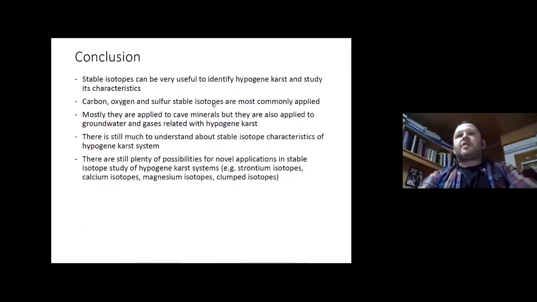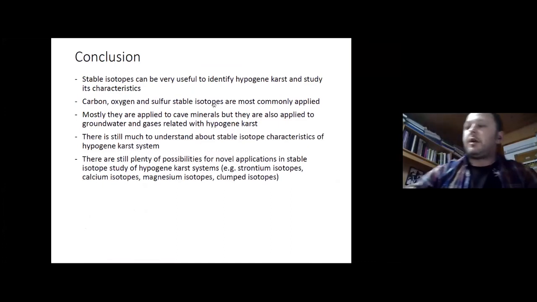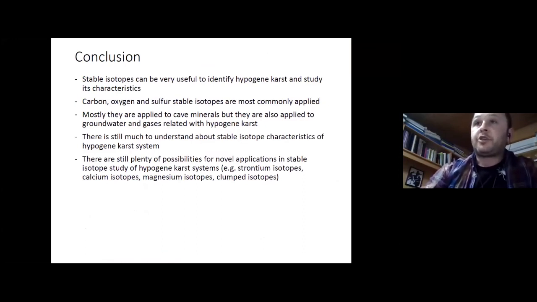And to summarize all of this, as you could see from the few examples, stable isotopes can be really useful to identify hypogene karst, whether certain minerals formed by hypogene karst processes, or whether a bedrock has been affected.